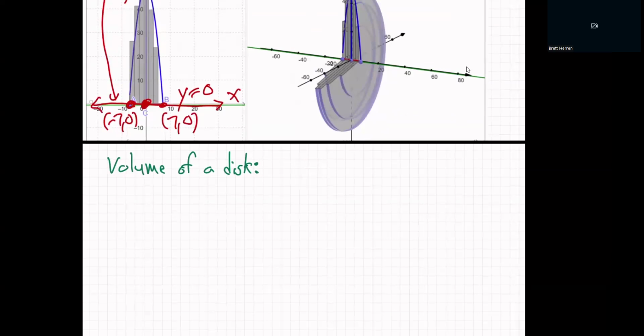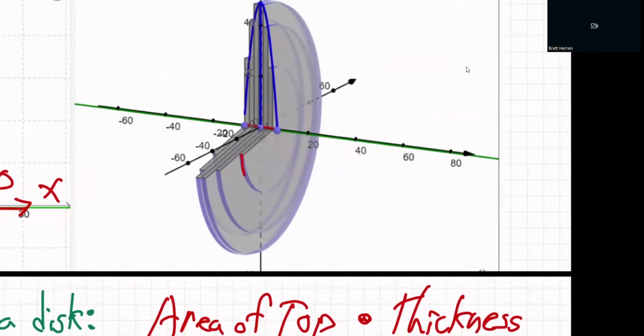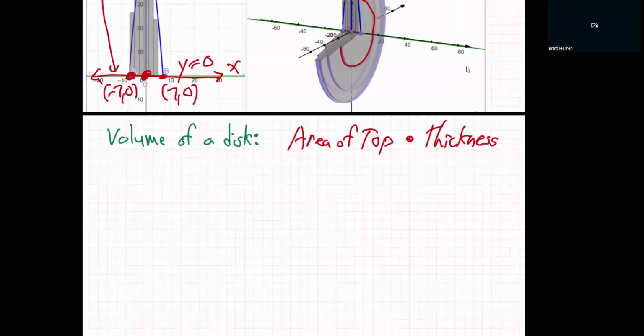It is pi r squared, but that's the area of the top. The volume is pi r squared times the thickness. Area of the top times the thickness. So you can see the top of each of these disks is clearly a circle. So we're talking about a circle.